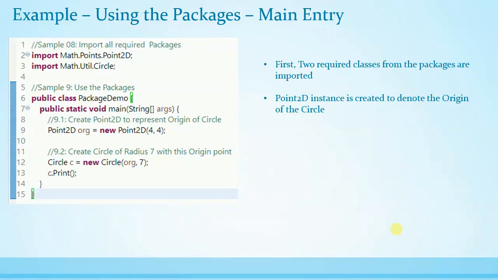So first at line number 9 we create a Point2D instance. This point we will use as the origin of the circle. So x and y denote 4, 4. So this 4, 4 denotes a point, and we are going to use this point as the origin of the circle.